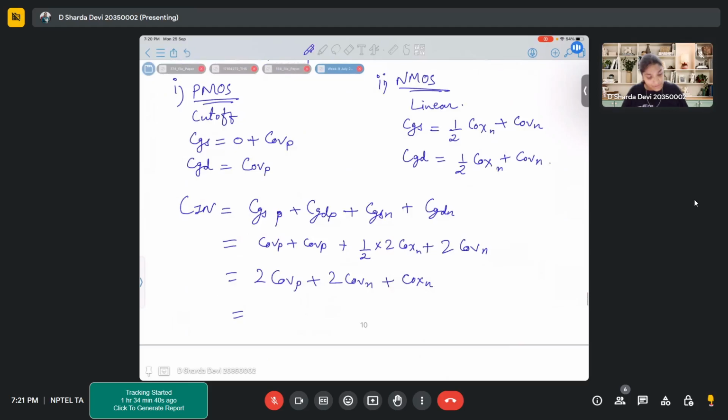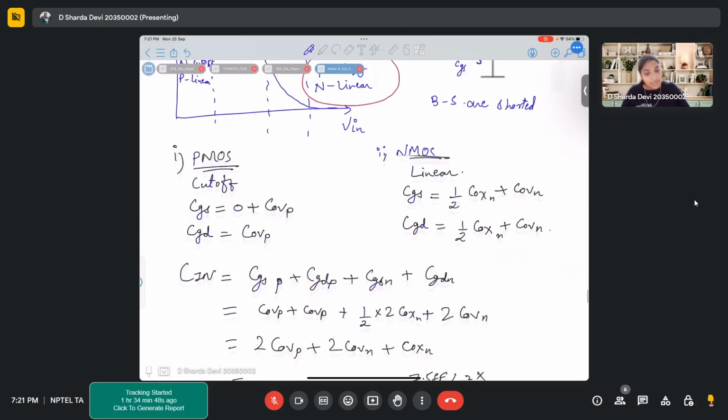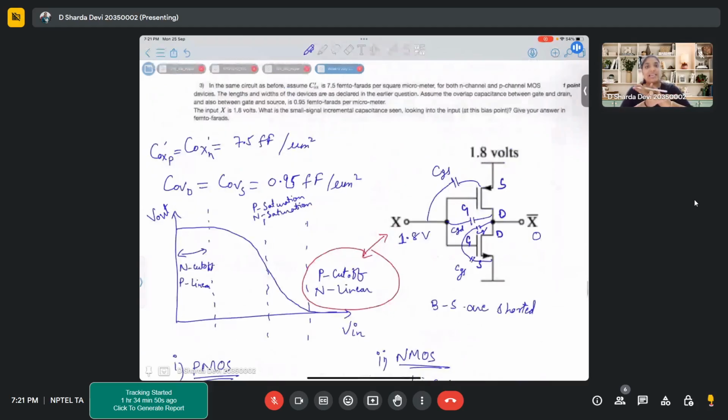Cox is 7.5 femtofarad per micrometer square into, now Cox, what is the area that this capacitance will come into picture? So it is length into width of your transistor. Cox is where your gate is, right? What is the area of your gate? That same area will correspond to your Cox.